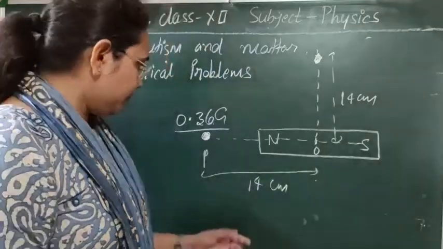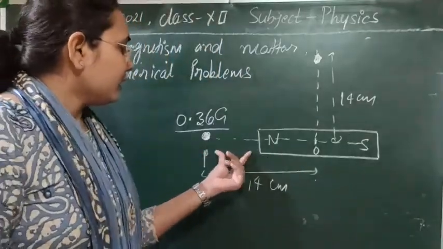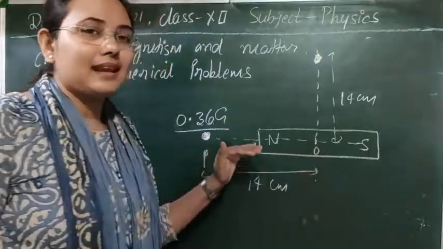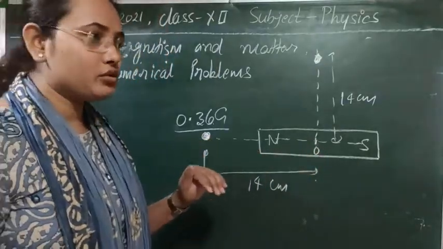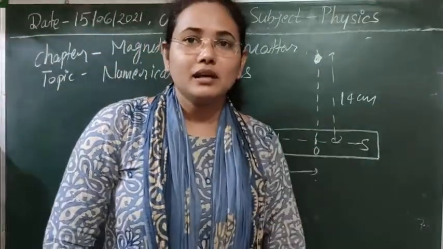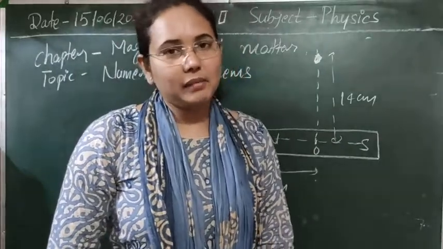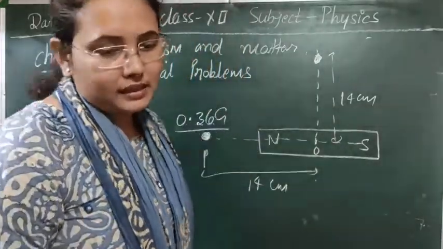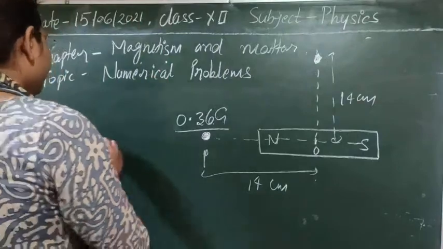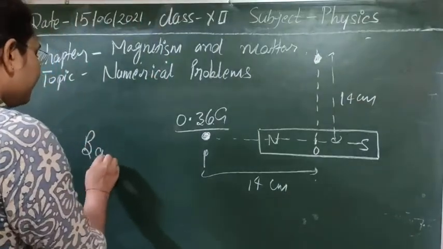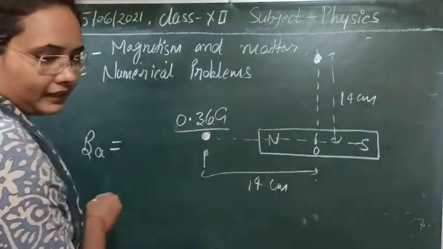As in the previous question, it is given that the null point is lying on the axis of the dipole. So we can first see the axial magnetic field here. The axial magnetic field is given by B_A. This is for the bar magnet.